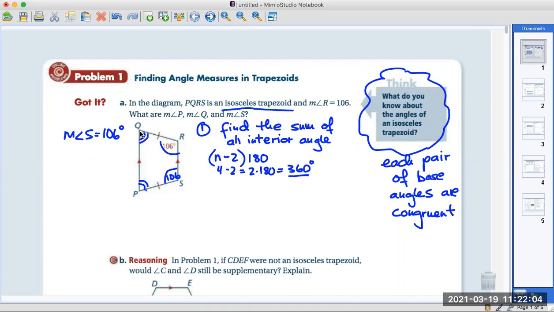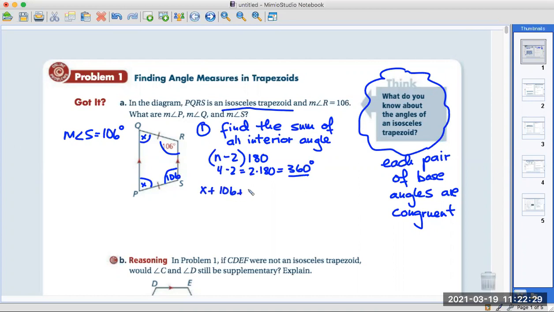So if they're equal, I will choose to call them X and write an equation. You can reason it out other ways, trial and error, use different numbers, that's fine. But my thought is that if I say this plus this plus this plus this has to equal 360.